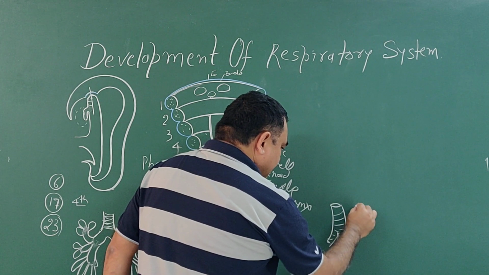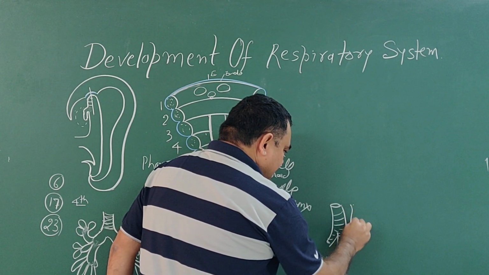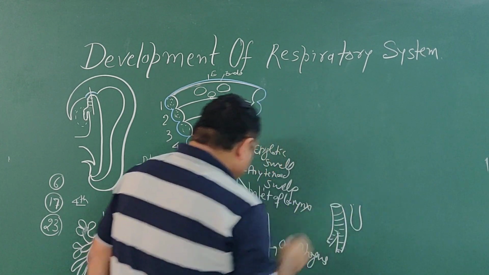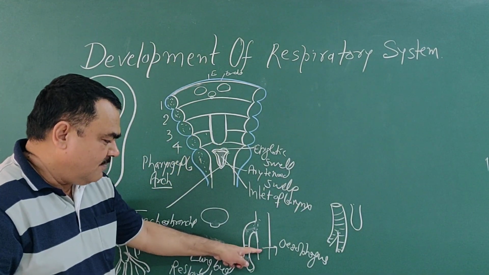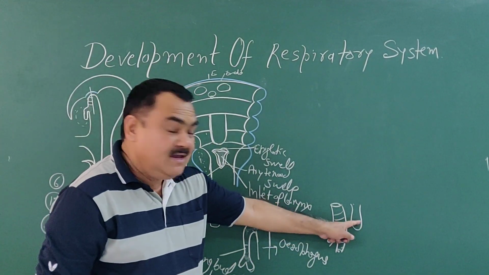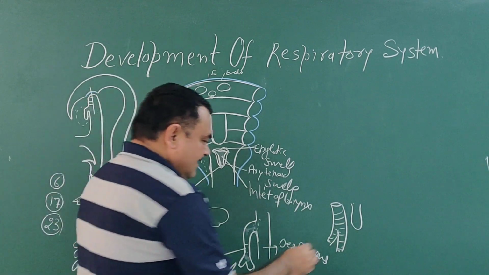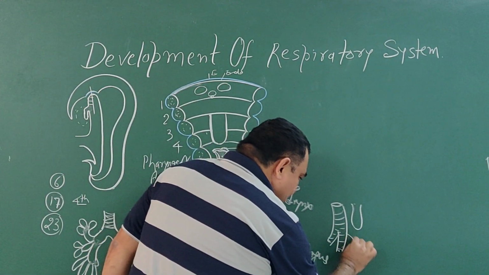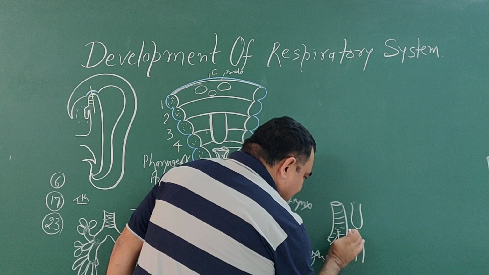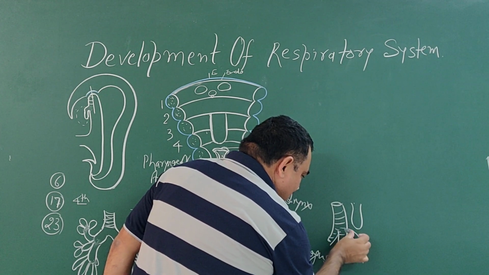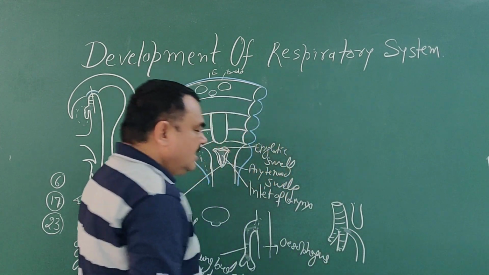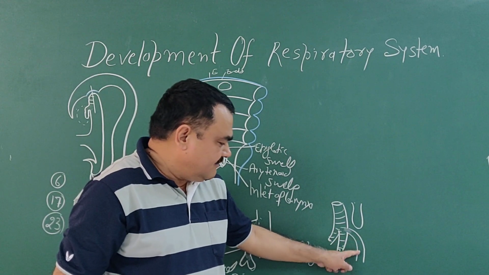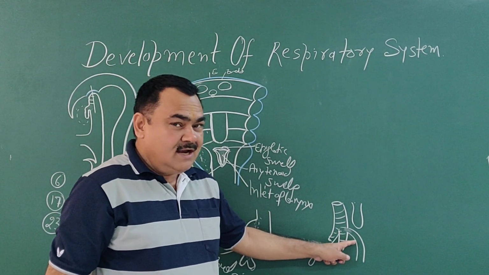Here is the position of the proximal part of the esophagus. The upper part of the esophagus forms a blind tract, and sometimes the lower part is attached to the trachea. So this is tracheoesophageal fistula. This is a congenital anomaly.